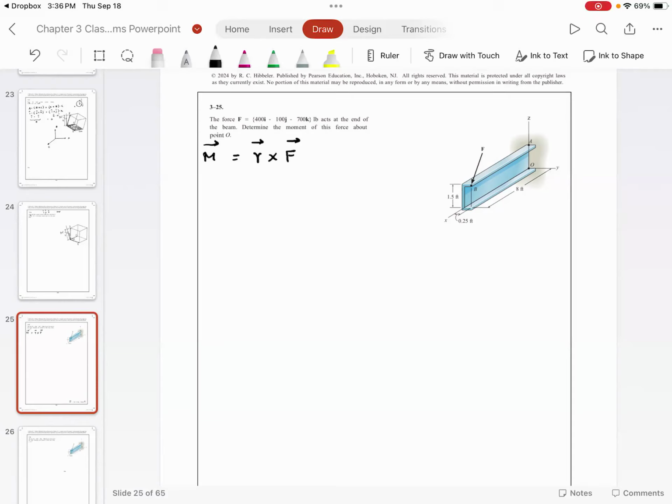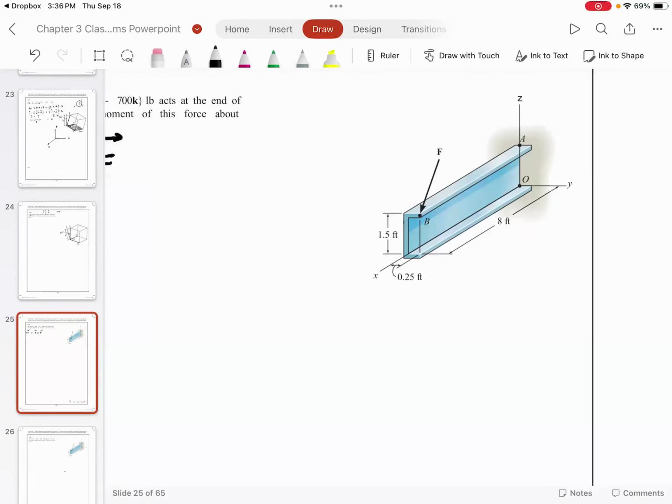Whenever you get a coordinate system that is not the conventional one, always make sure that it is a right hand coordinate system. So X, then Y, and Z. You agree with me? The coordinate system shown for this problem is a right hand coordinate system.